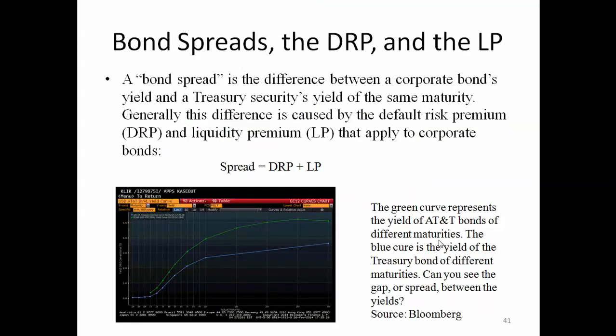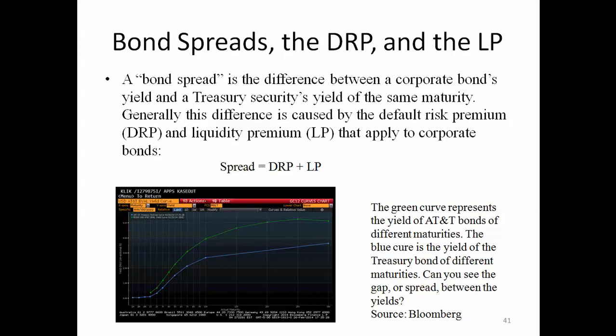A bond spread is the difference between a corporate bond's yield and the Treasury securities yield of the same maturity. Generally, this difference is caused by the default risk premium and liquidity premium that applies to corporate bonds. Remember, we said Treasury bonds are considered the safest investment and therefore risk-free. And Treasury bonds usually do not have liquidity problems, so the liquidity premium for them is also 0.